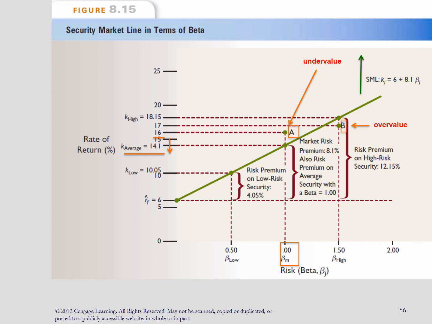If a security's return falls below the security market line, it means the security is currently overvalued and therefore it does not represent an attractive investment opportunity.